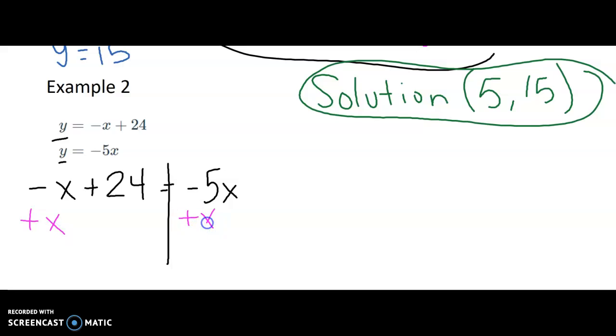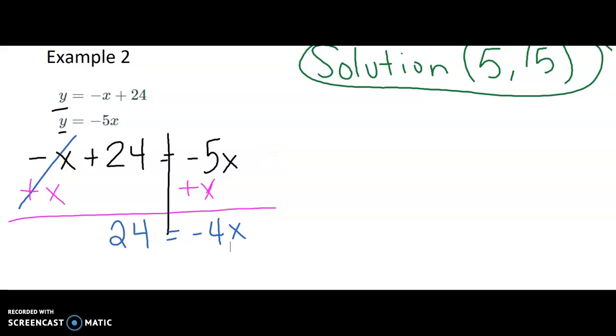Again, if I'm going too fast, make sure to pause the video, copy down the notes, rewind anything that you might not understand, leave me a comment. 24 equals negative 4x. And then we got to get the x by itself. So I'm going to divide by negative 4. Divide by negative 4. Negative 6 equals x, because these canceled out.